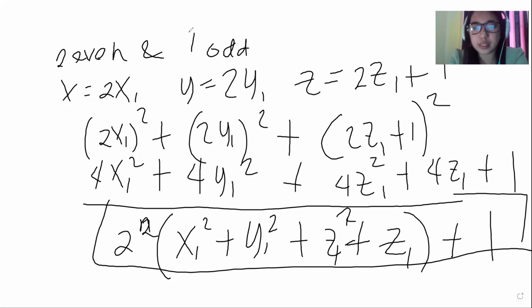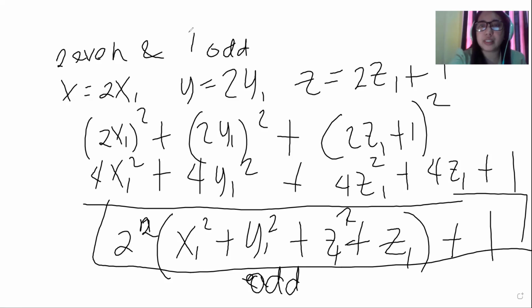Which means this is again in the form of an odd integer, which means that there do not exist such integers if we have two evens and one odd.